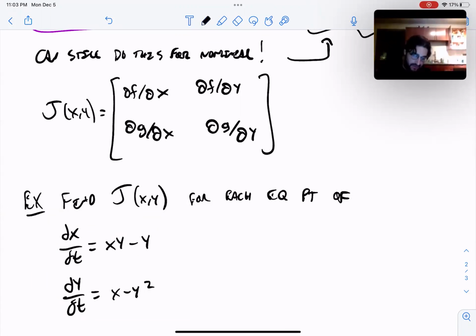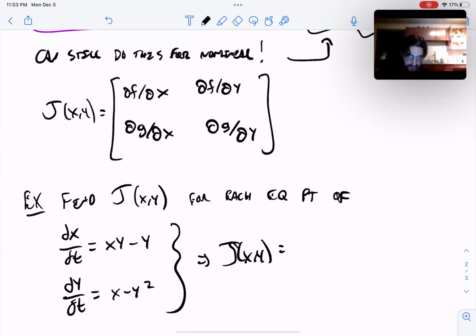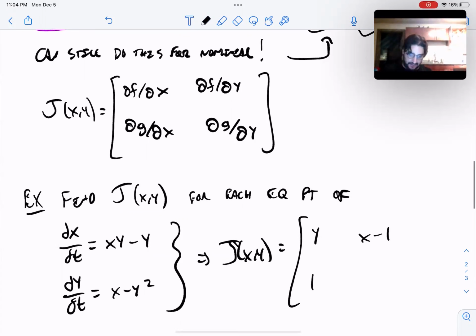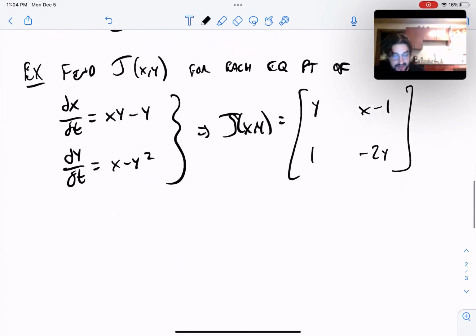In general, the Jacobian will depend on x and y, because they could be in those formulas. So what's the Jacobian? Like we said, it's going to be partial x, partial y, and partial x, partial y. Right, so there's the Jacobian in general. Now let's do this for each equilibrium point that we found.